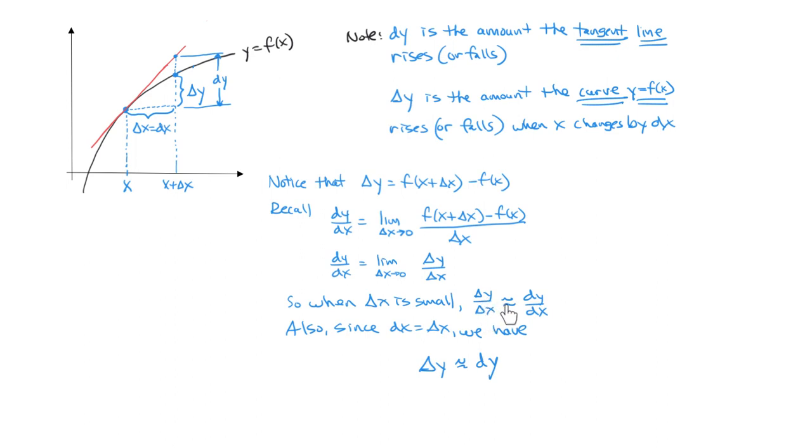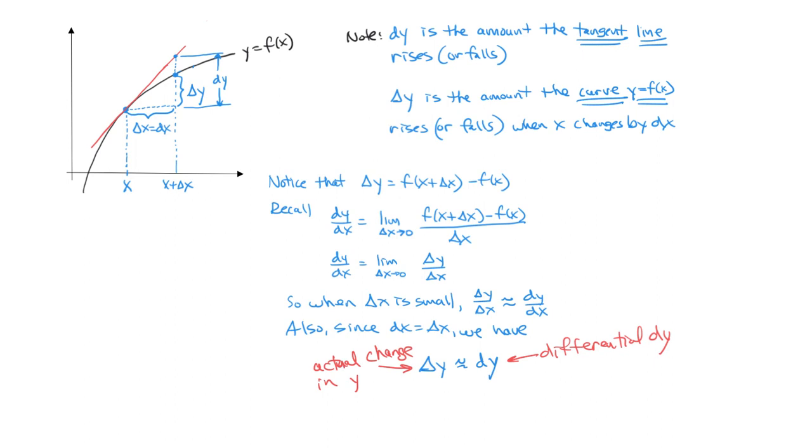Delta y over delta x is approximately the same as dy over dx. And since those denominators are the same, we could say this. So what we're saying is, this is the differential dy. And this delta y is the actual change in y.